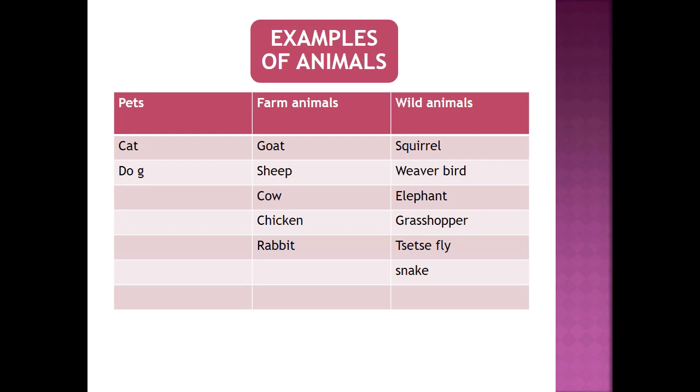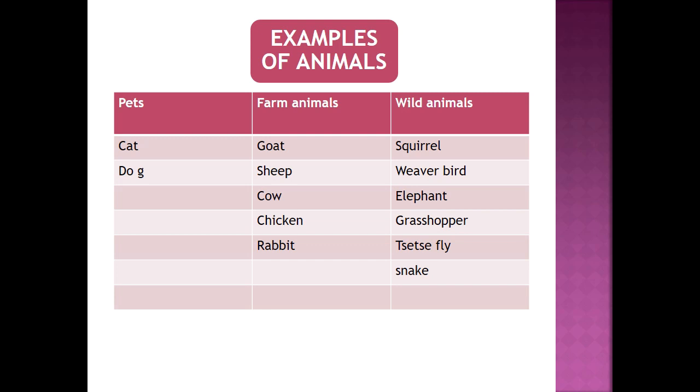Examples of animals. Animals are grouped into pets, farm animals, and wild animals. Under the group pets, we have cat, we have dog. Under the group farm animals are domesticated animals for cultivation. These are animals that are kept at home and mainly for cultivation.